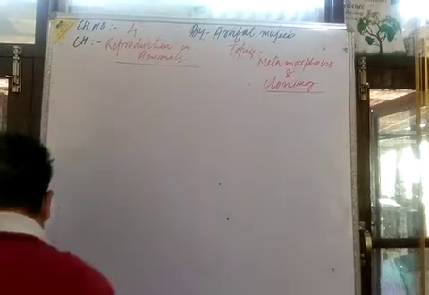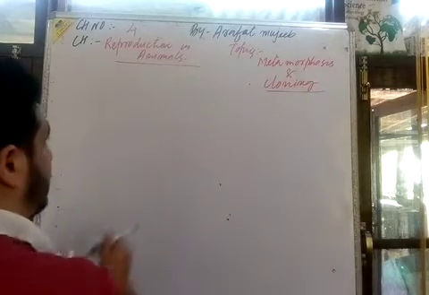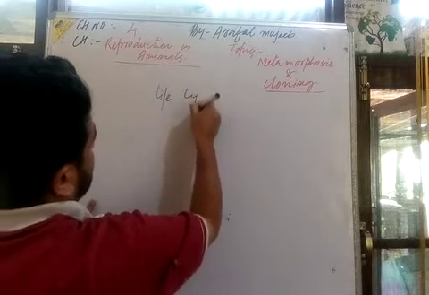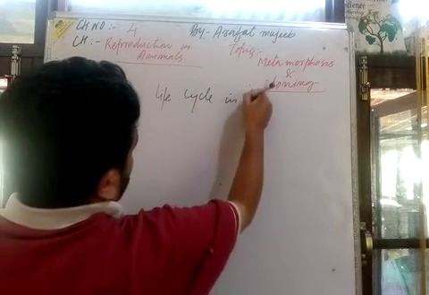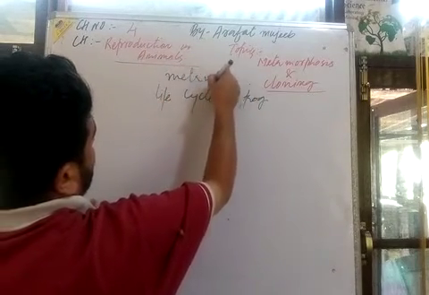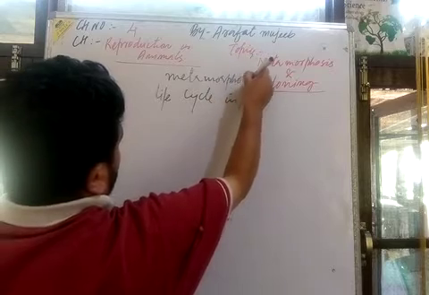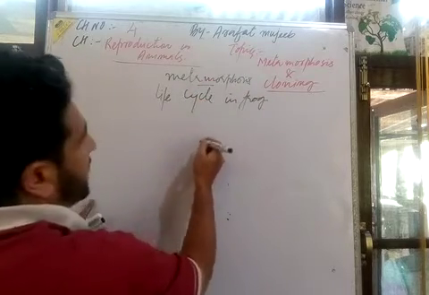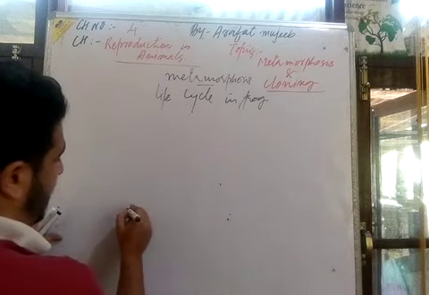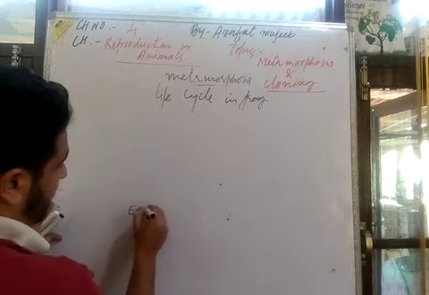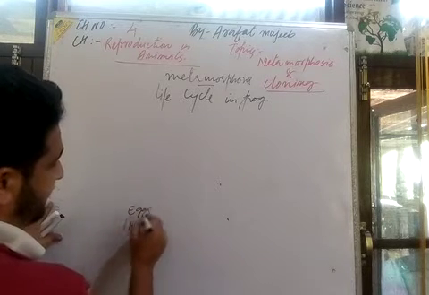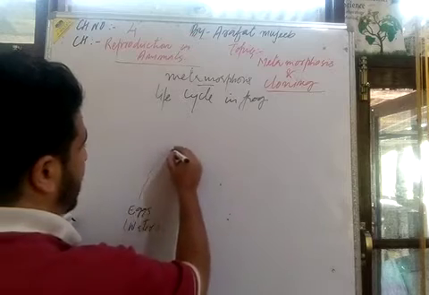Did you understand what this term metamorphosis is? Now we apply the concept of metamorphosis to the life cycle of the frog. In the life cycle, when the adult female frog lays eggs in the water bodies, she lays a number of eggs, then these eggs hatch.